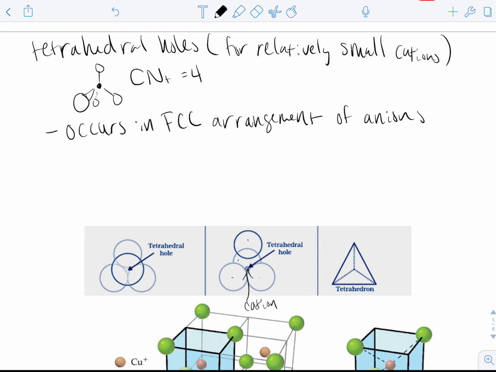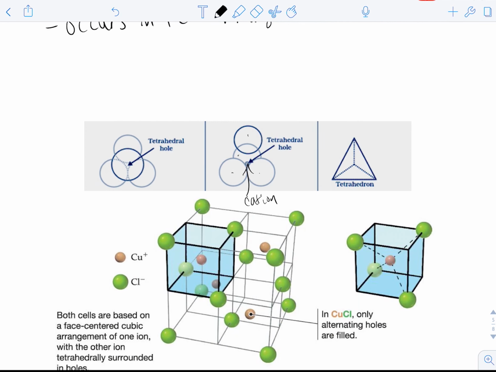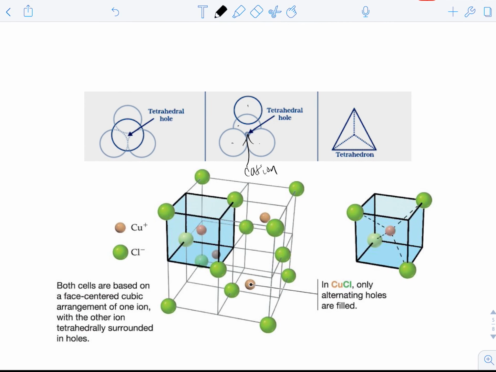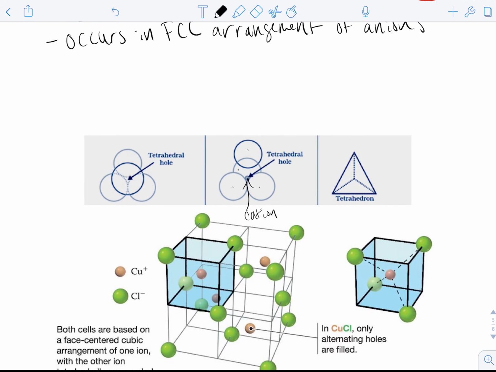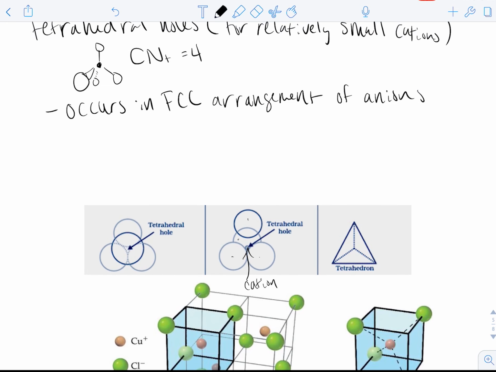This is a much smaller hole, so we can actually get a larger amount. If we were to take our face-centered cubic and break it into 8 quadrants, we can have a tetrahedral hole in each one of those quadrants. So there are a total of 8 tetrahedral holes.